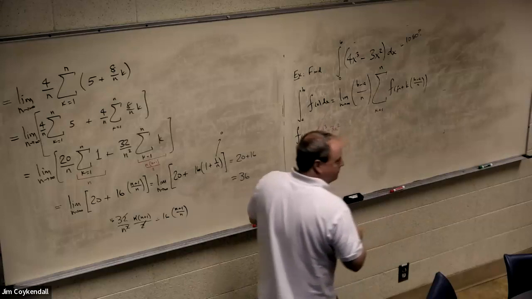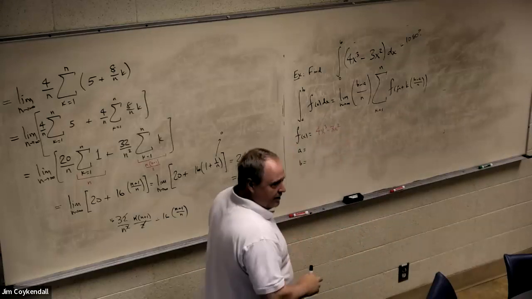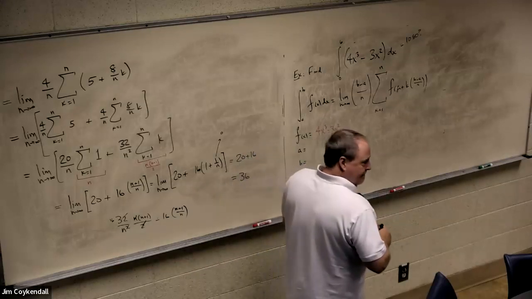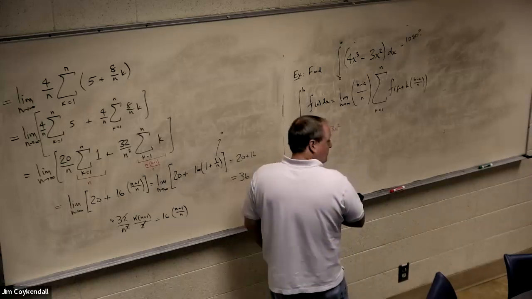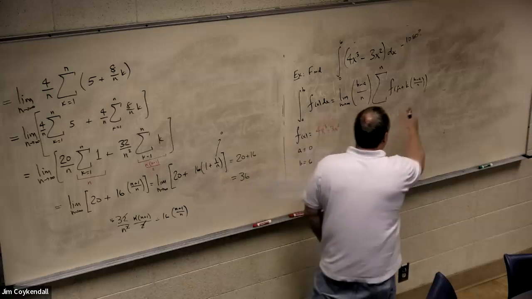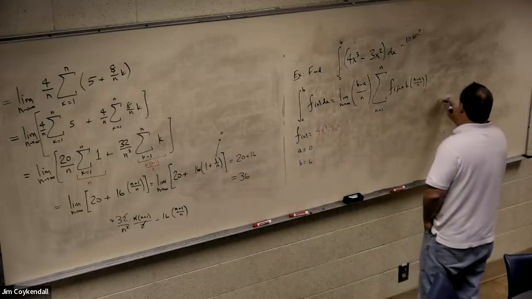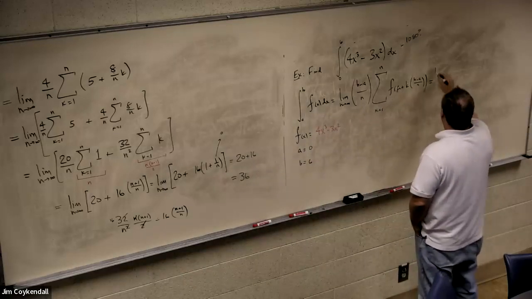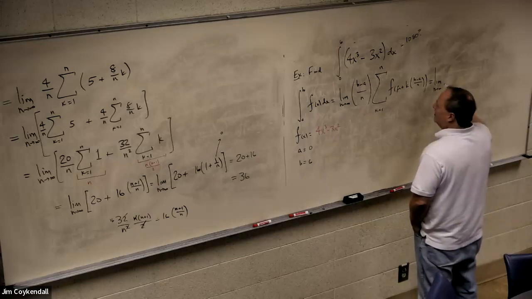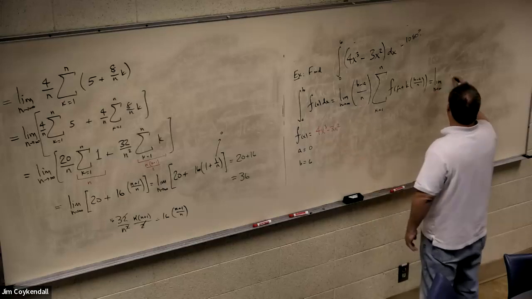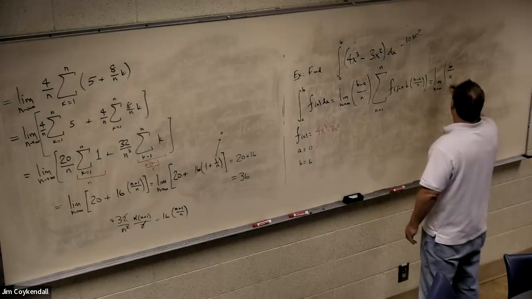What's A? D is C. So what's the size? The limit as n goes to infinity. B minus A is 6 over n.